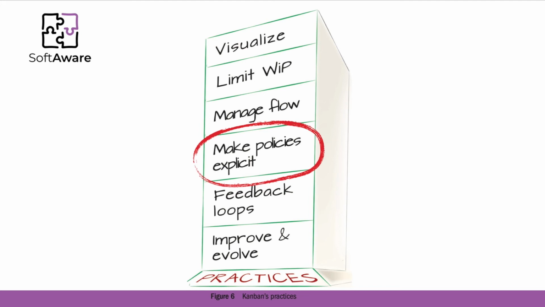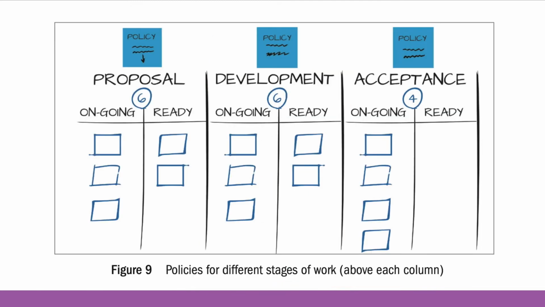So, promoting ambiguous policies based on common sayings or proverbs like "the sooner you start, the sooner you finish" lacks the extra guidance that a specific team needs within the project for the project to actually evolve. So ensure that your policies are explicit and make it straightforward to question and change them when they are counterproductive or are not being applied. This image presents a possible location for the explicit policies to appear on the board.